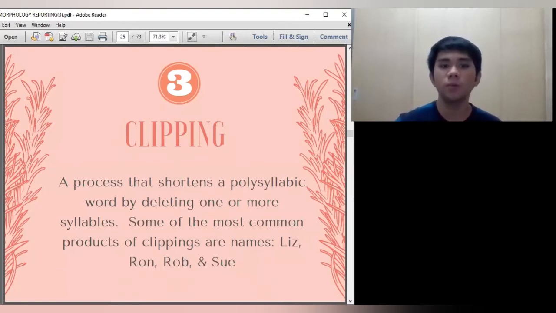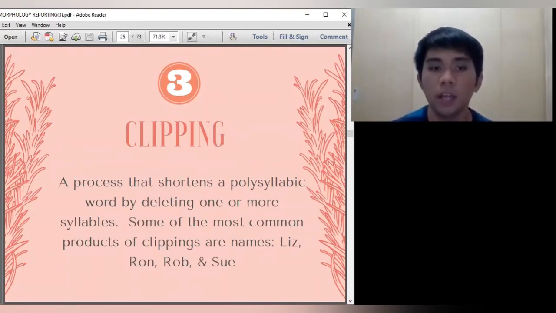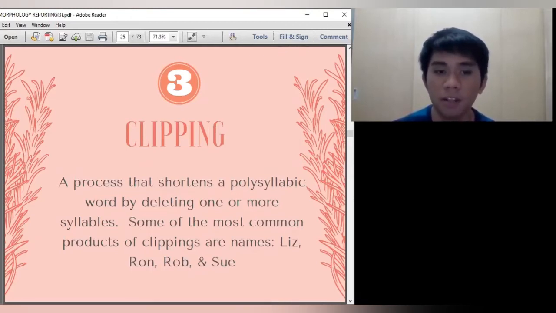Next is clipping. What we do here is shorten polysyllabic words by deleting or omitting one or more syllables. This is something that is employed when we shorten the names of our friends or people. For example, we have Liz from Elizabeth, Ron from Aaron, Rob from Robert, and Sue from Susan.